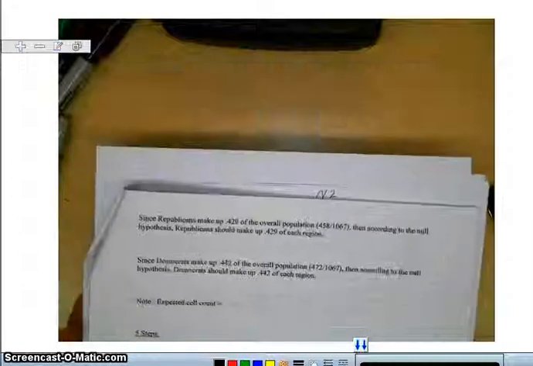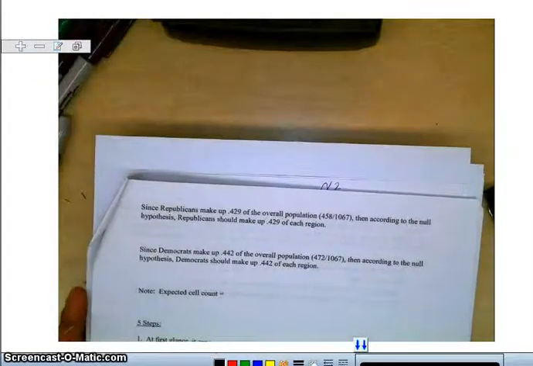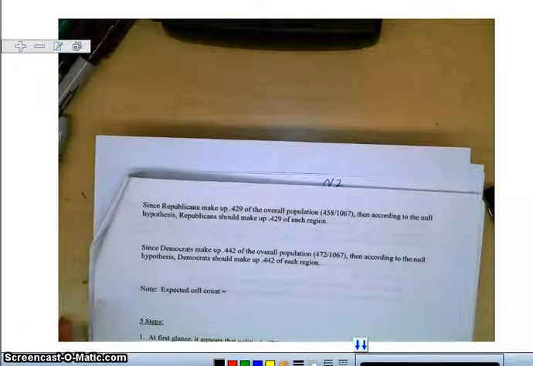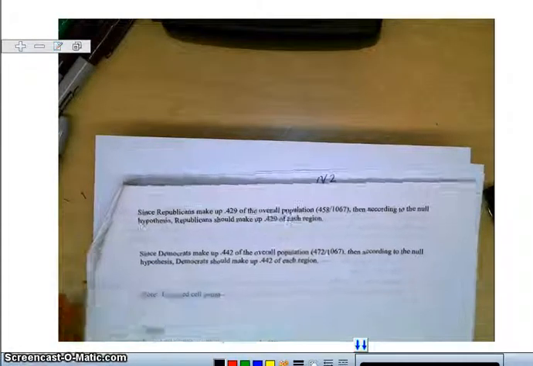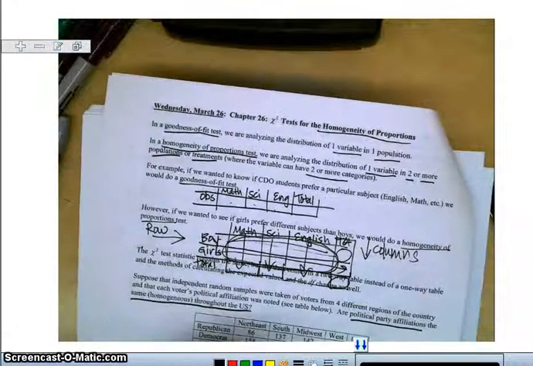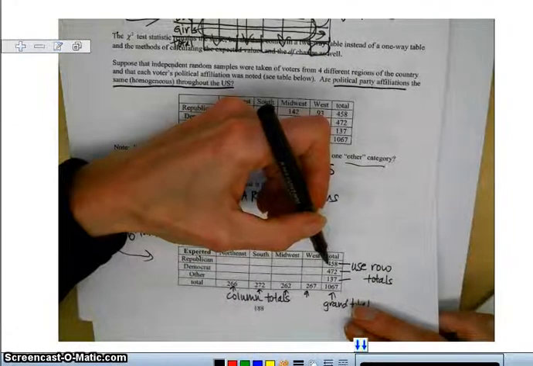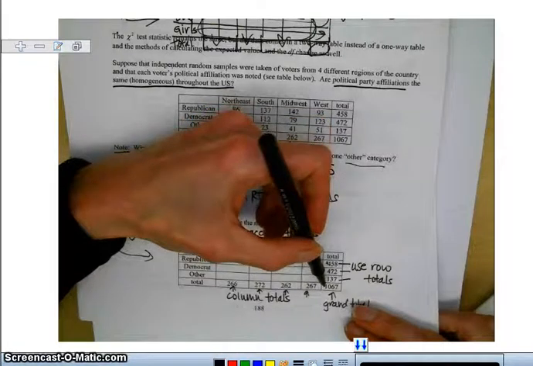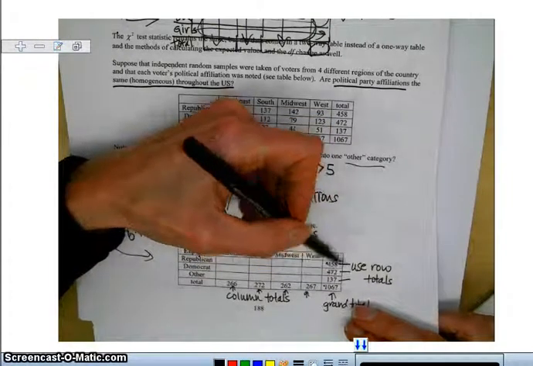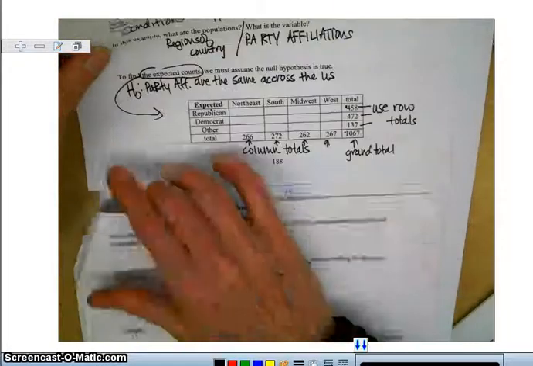Since Republicans make up 0.429 of the overall population, where did that come from? If I take 458, the number of Republicans, divided by 1,067, they're getting the numbers on this next page from here. In fact, let me tear this off and put it right up here so we can see it.